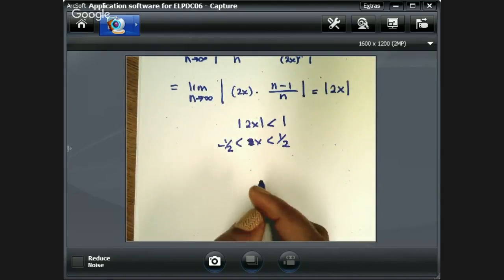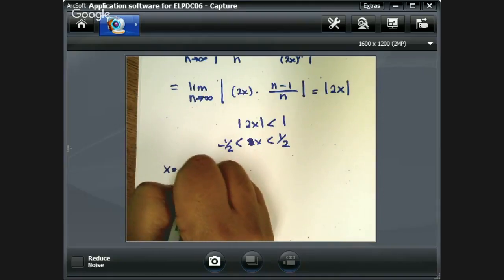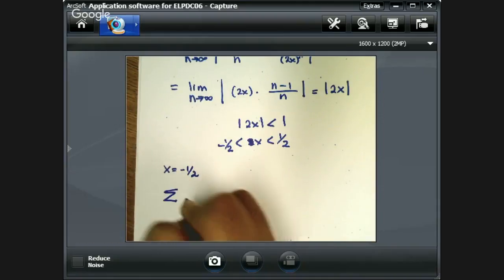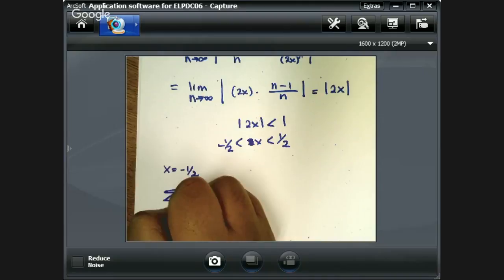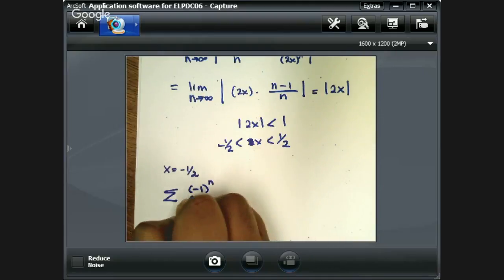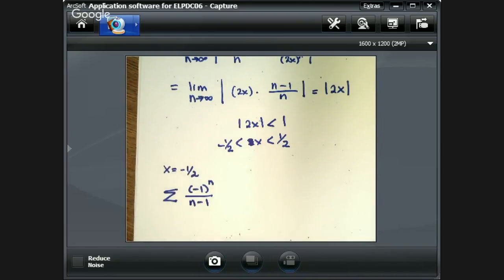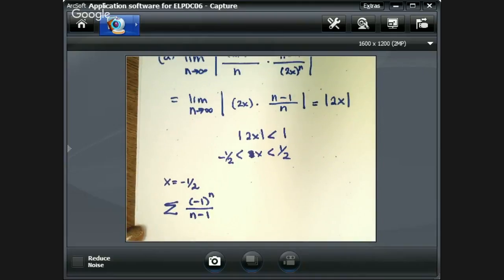So checking x equals -1/2. My sum is now going to be -1 to the nth power, 2 times -1/2 is -1 over n minus 1, where n starts at 2.